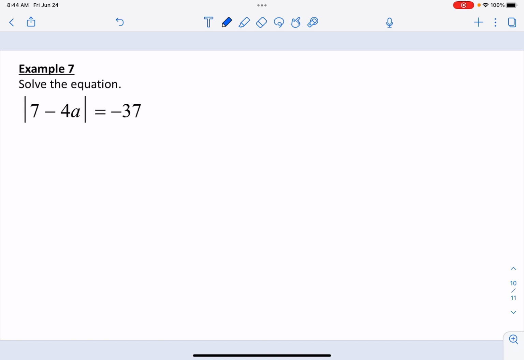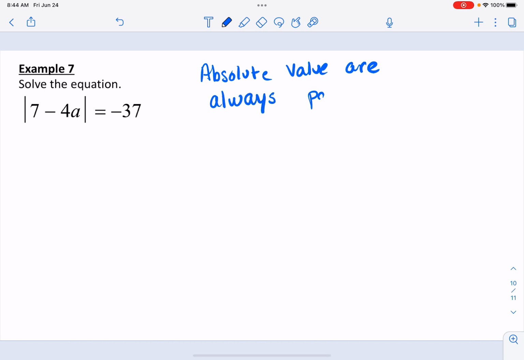Okay, so looking at this, the absolute value equals negative 37. So the absolute value of something equals a negative 37. I want you to think about that. Absolute values are always positive.